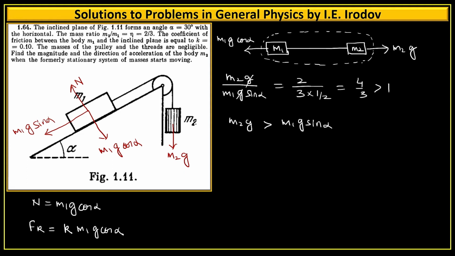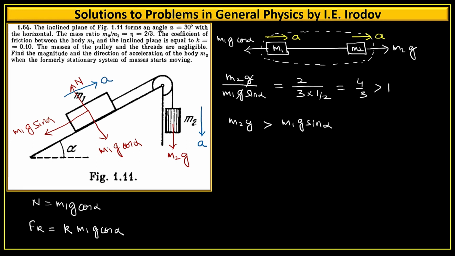So it means that m2 will go towards right in the straightened system, and they will have a common acceleration of magnitude a like this. And in the inclined plane system, obviously then m2 will go downward with acceleration a, and m1 will go up the incline with the same magnitude of acceleration.